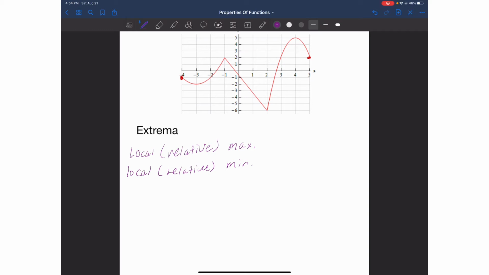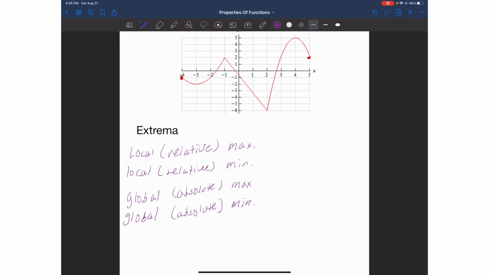We're going to have our global, also known as absolute, maximum, and then we'll have our global, or again, absolute, min or minimum.